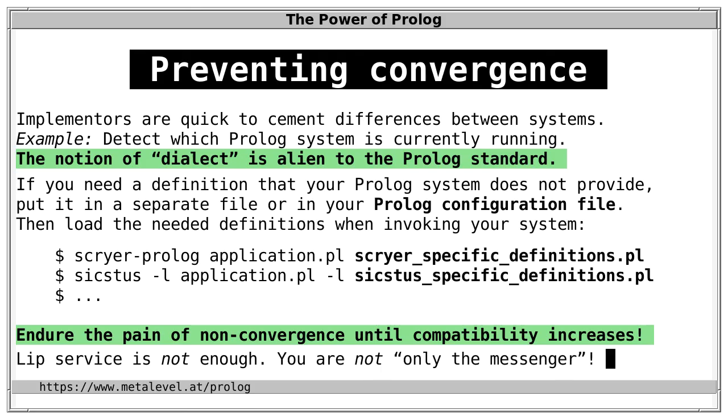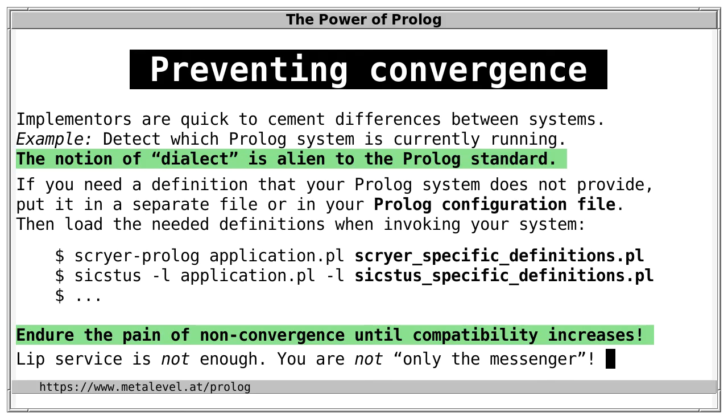And also, you are not only the messenger if you say, well, that's just how it is, there is this incompatibility and so on, because you are not just a messenger if you are choosing what to propagate. And you are especially not just a messenger if you personally benefit from incompatibilities between systems. For example, if you're selling or providing a framework that itself acts as a compatibility layer, right?